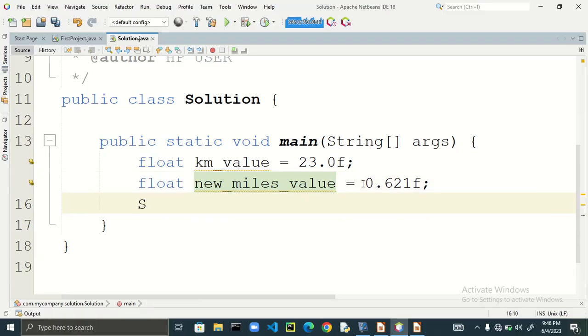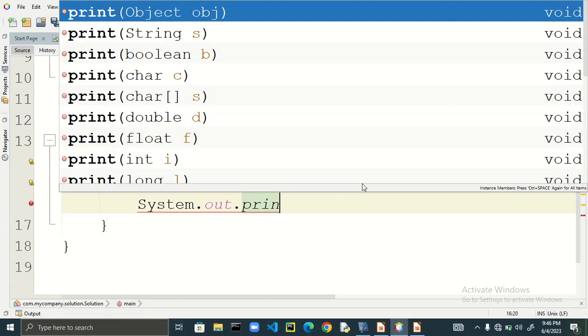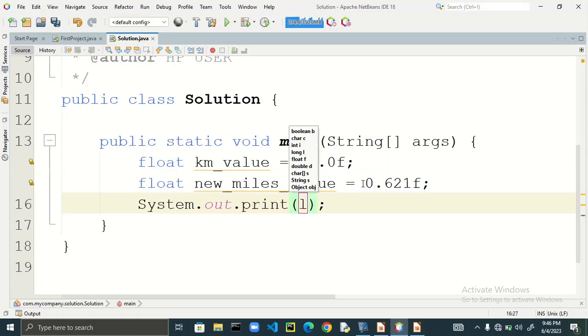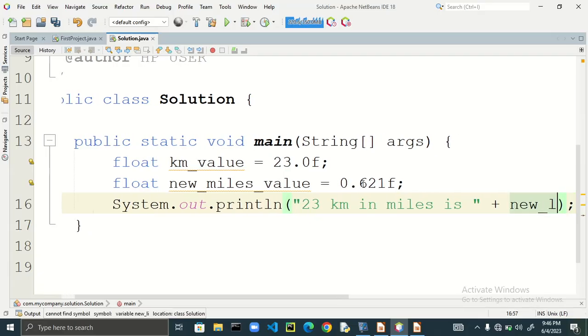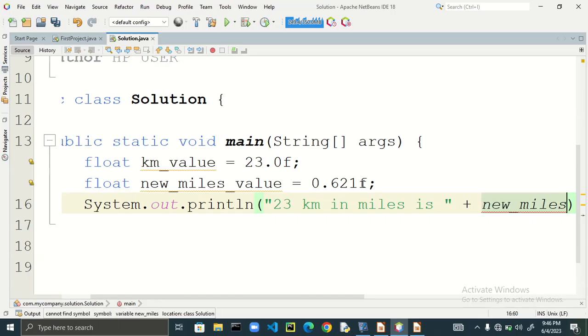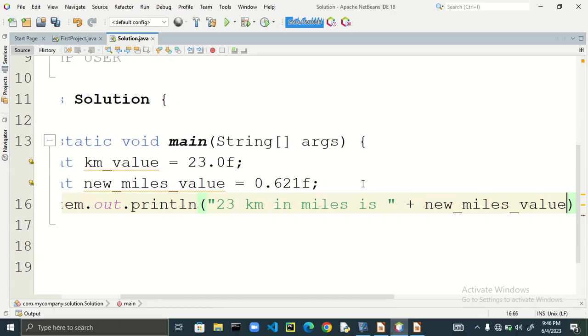Then we can now go ahead and say, okay, system dot out dot print. I would prefer to use println, though even print will still work fine. And let's see, 23 km in miles is, then you put your plus here, and then you put your new underscore miles value.